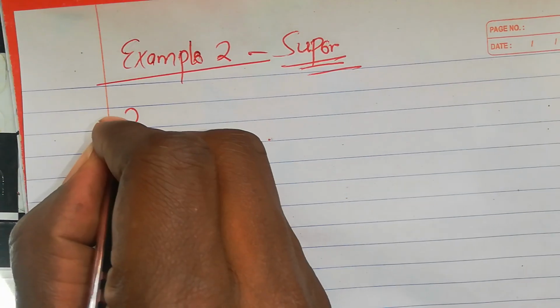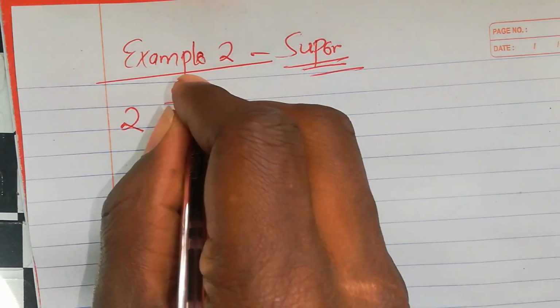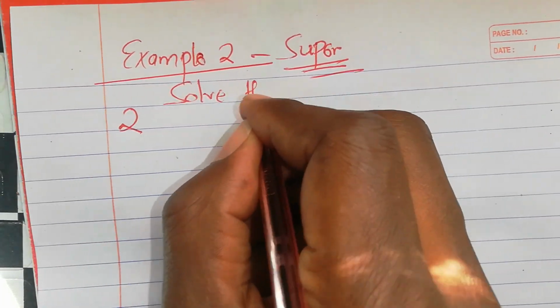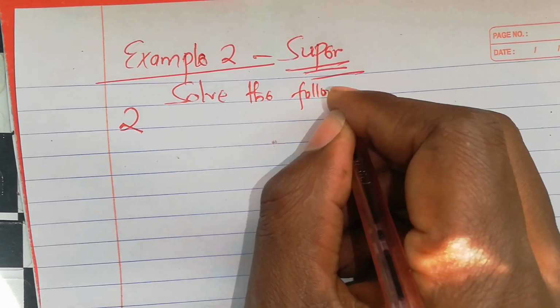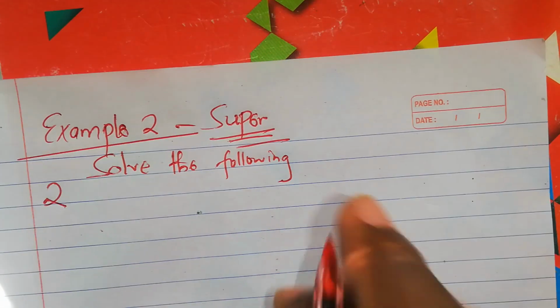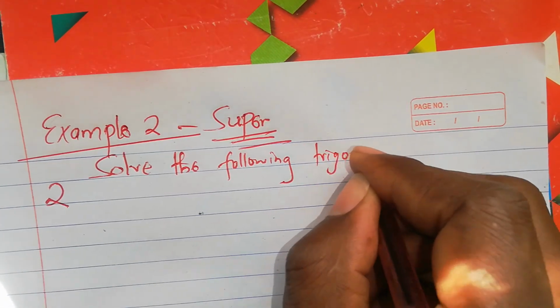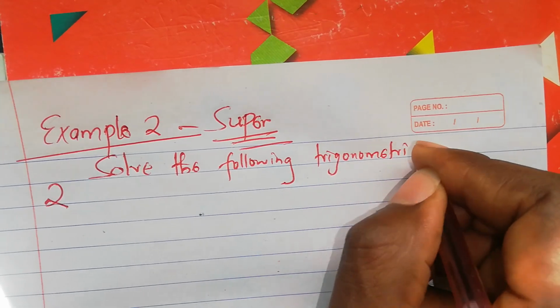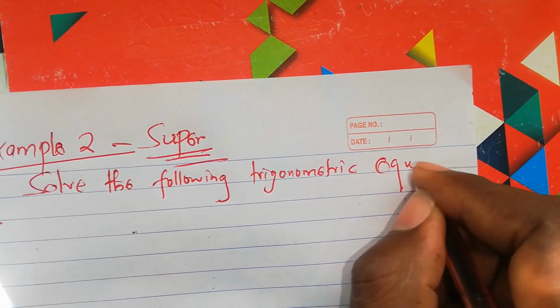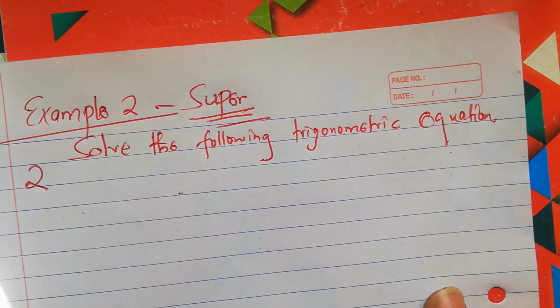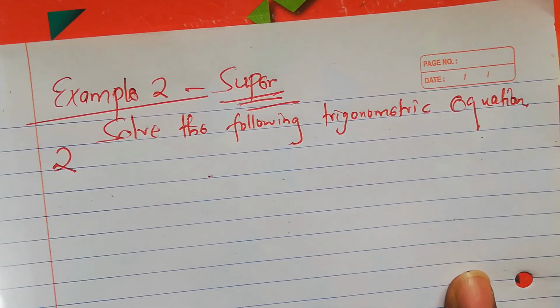So we have 2. So of course it's solve the following trigonometric equation. Solve for x.